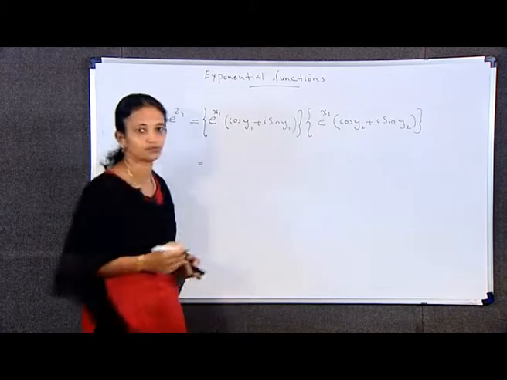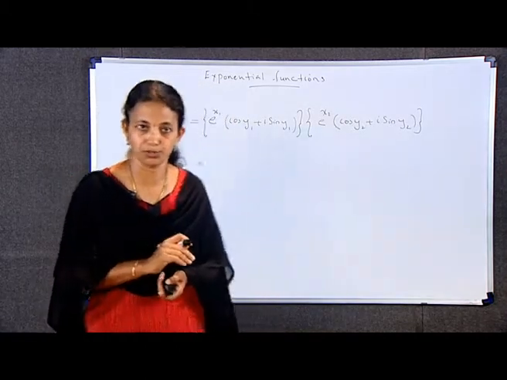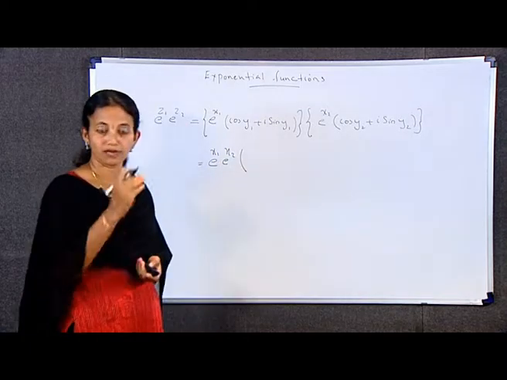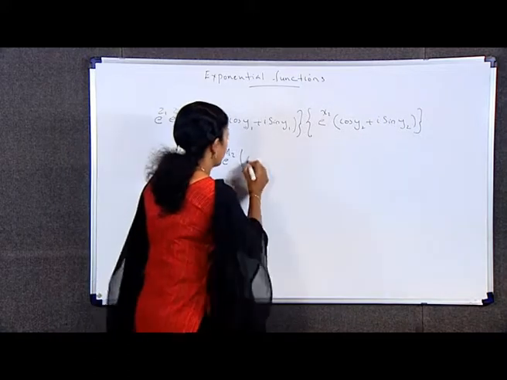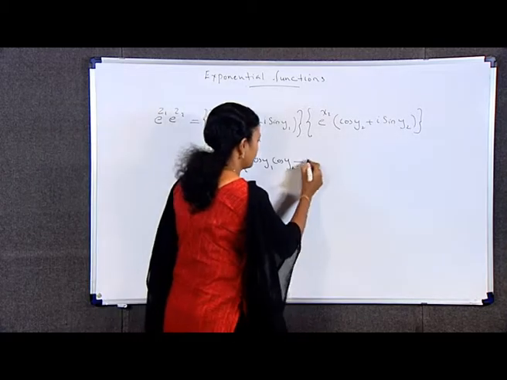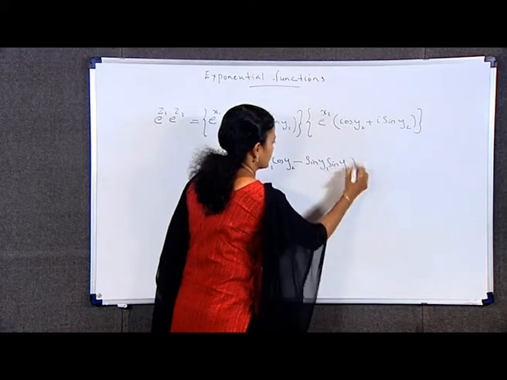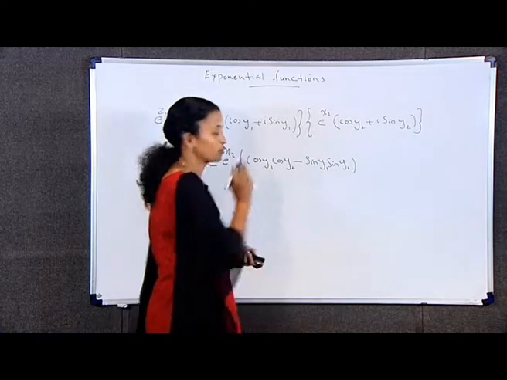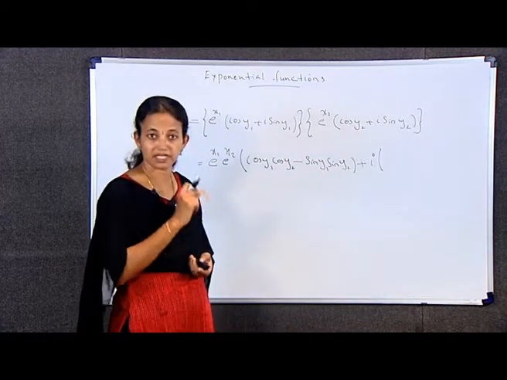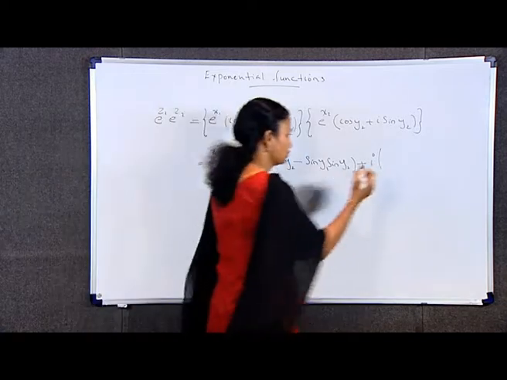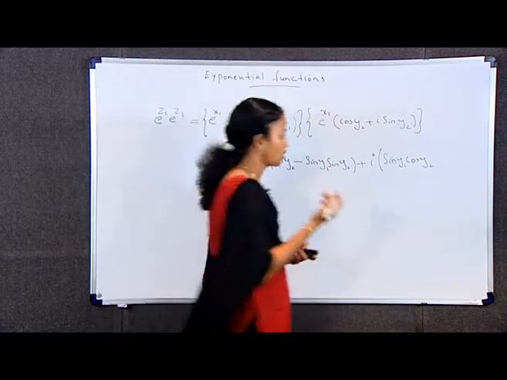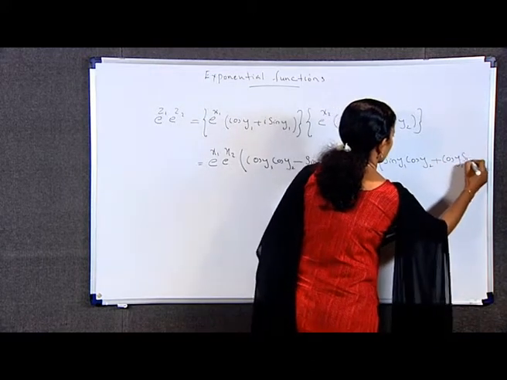Using definition 1, this we can write as e raised to x1 e raised to x2 into cos y1 cos y2 minus sin y1 sin y2, plus, taking the i terms together, i into sin y1 cos y2 plus cos y1 sin y2.